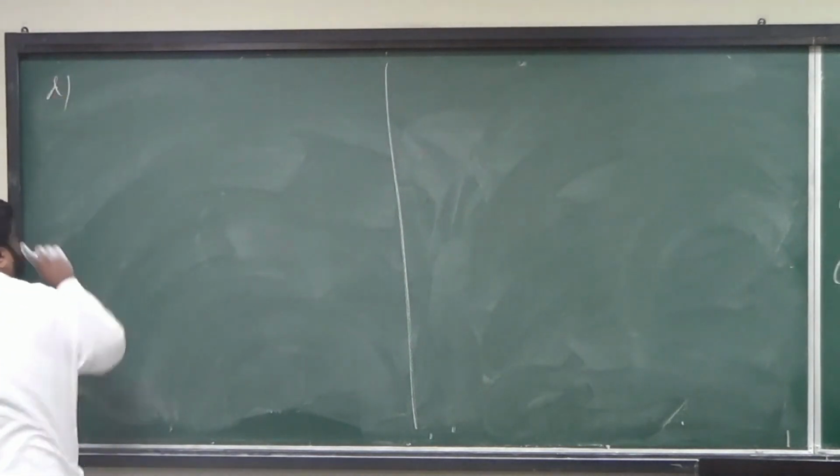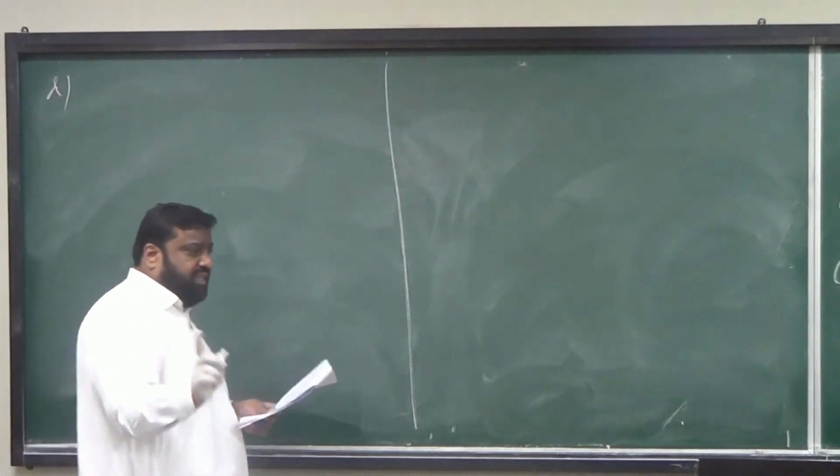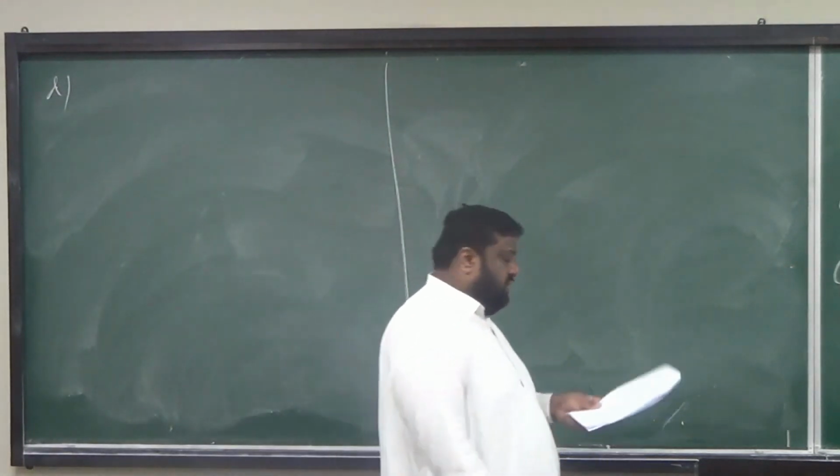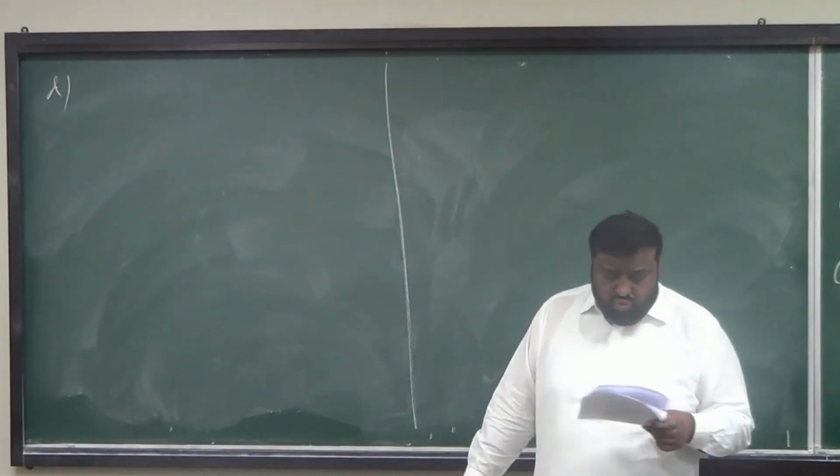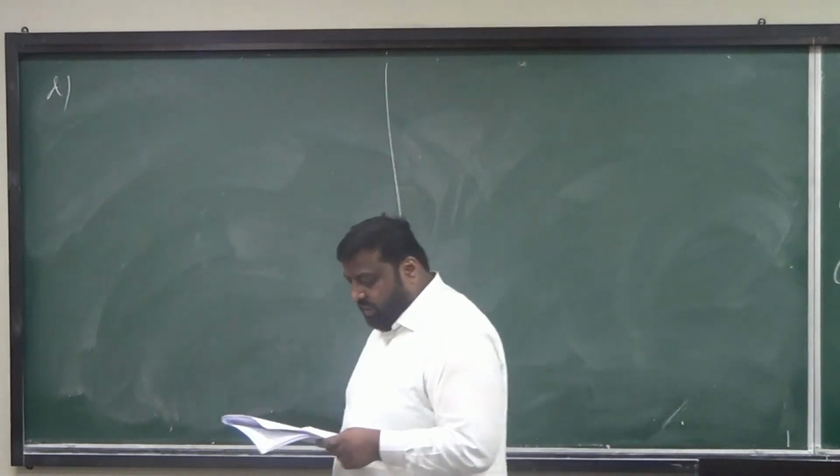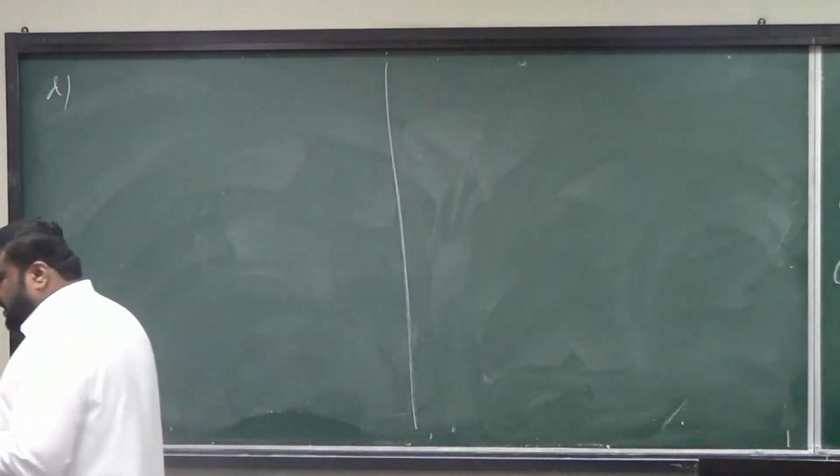So we'll do part C next class because that requires a detailed proof. So I'm going to just quickly browse through parts D and E. So what was part D?